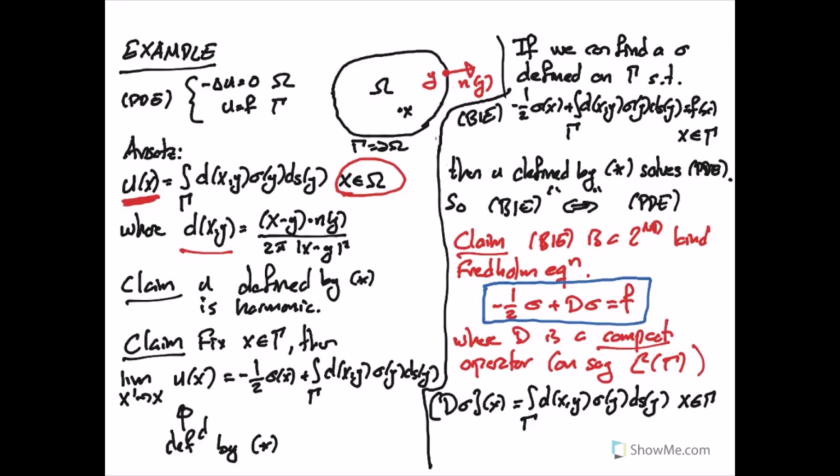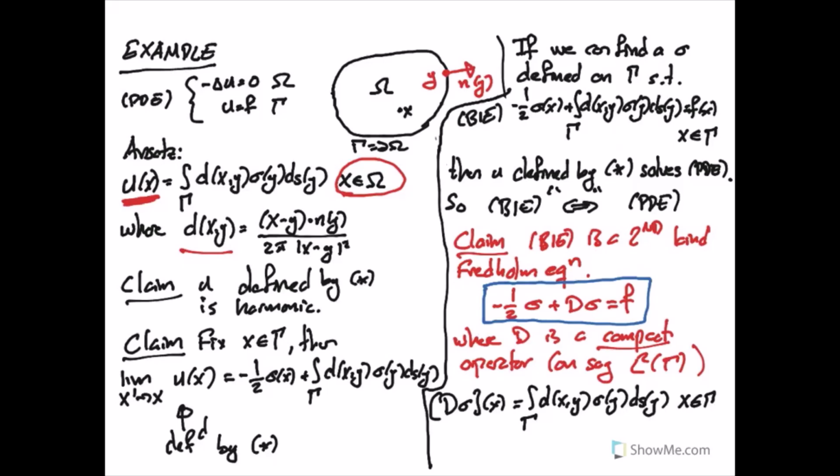It's a finite equation. And it also means that the condition number, so this operator minus 1/2 plus D, it's just a perturbation to the operator minus 1/2 times identity. It turns out to be non-singular, so you can prove that this is 1-to-1 and onto. And that means that it has some finite condition number. And that condition number typically is not that large.